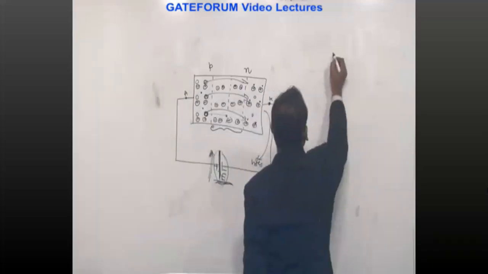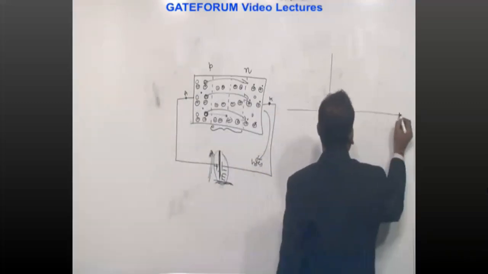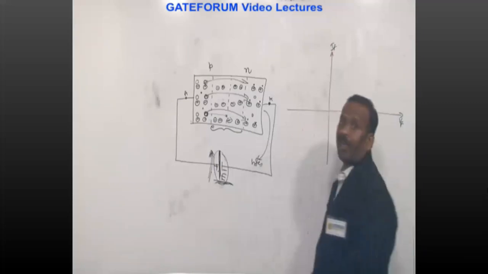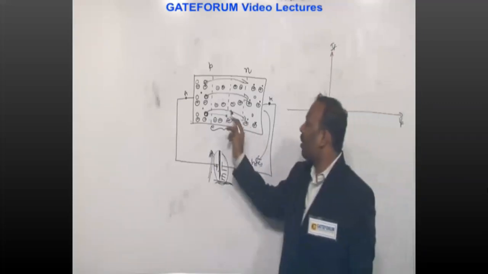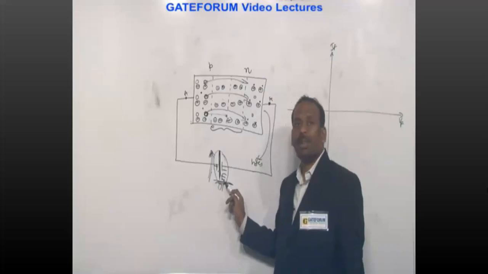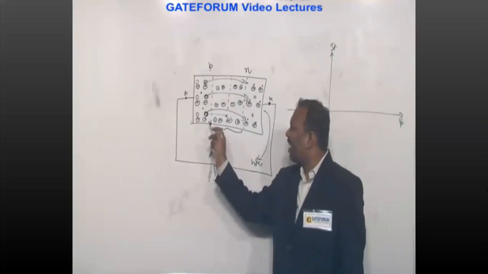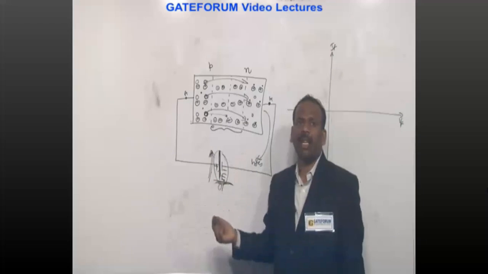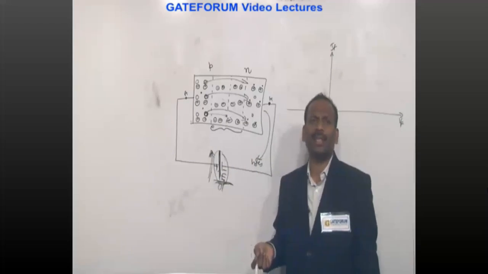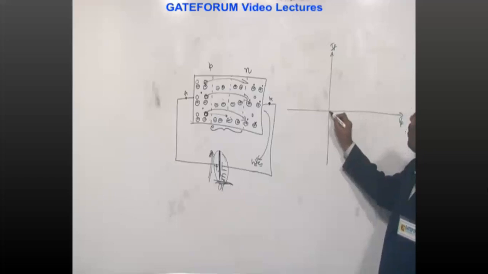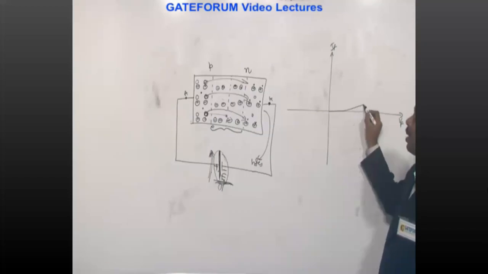So up to a certain voltage, initially there is a barrier. You start from 0, increasing 0.1, 0.2. Very few holes are crossing the junction because very few are acquiring the energy. So current is negligible up to a certain point.